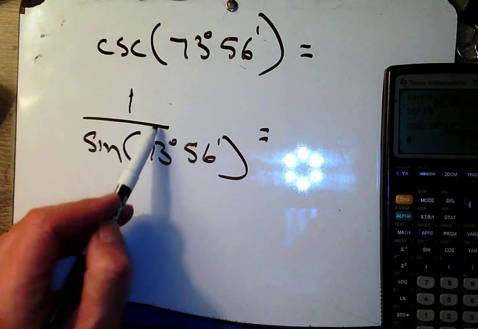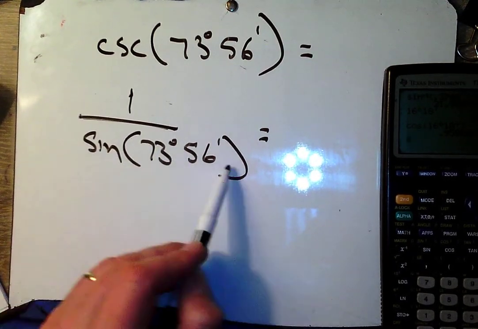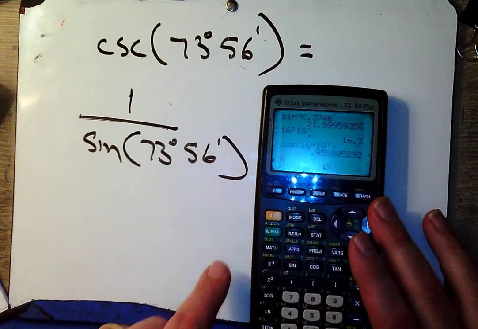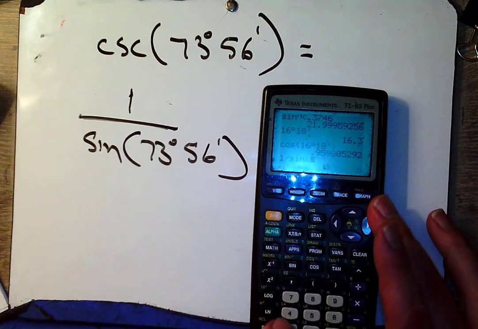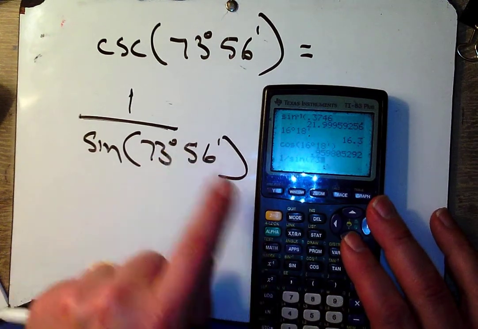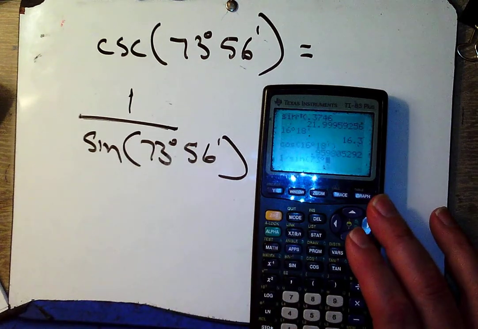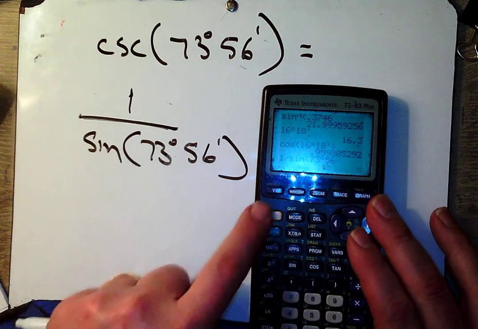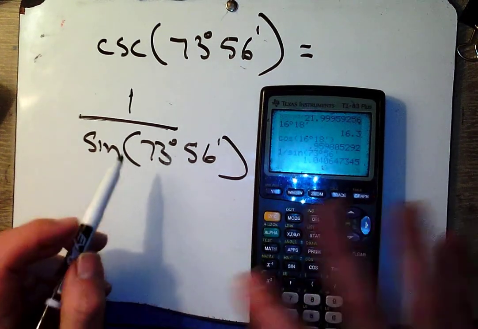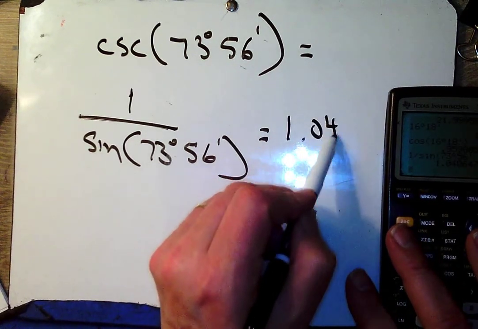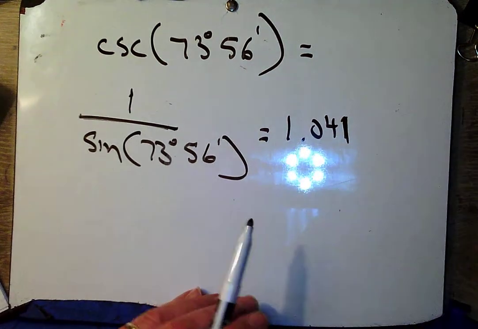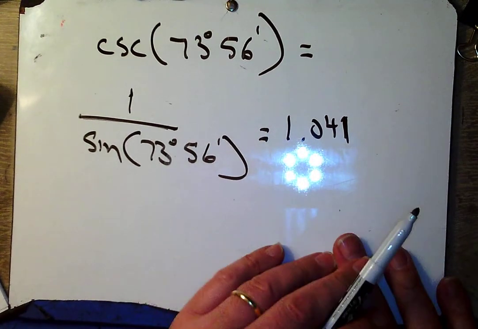So let's say 1 divided by sine of this. 1 divided by sine of, a little parenthesis, 73, I need that degree symbol, second angle, and 56, second angle, minutes. And so we get 1.045. No, 1. There we go. And again, this is not an angle. This is a side ratio.